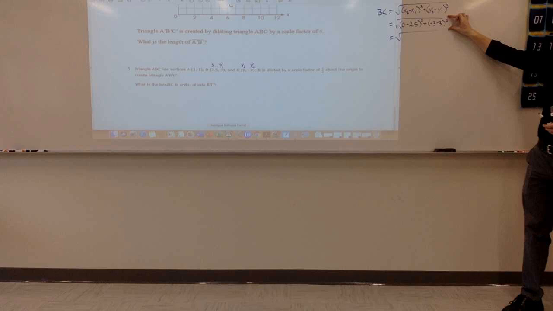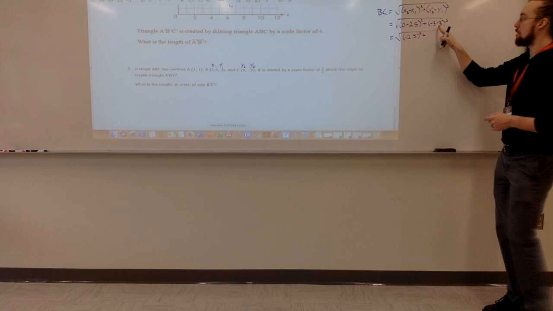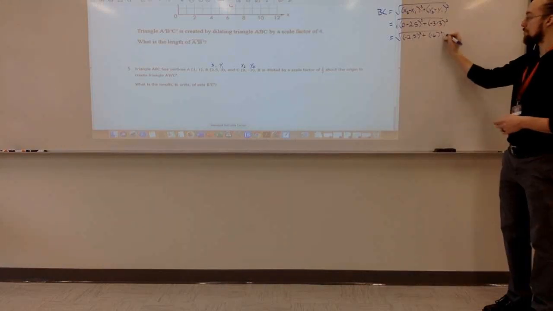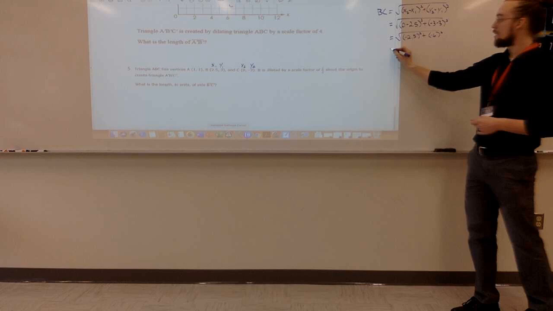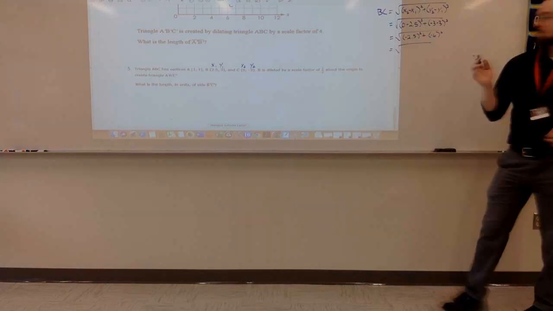So 0 minus 2.5 would be negative 2.5 squared. Negative 3 minus 3 would be negative 6. Then negative 2.5 squared is going to be 6.25. Negative 6 squared will be positive 36. Adding those together then, we get 42.25.